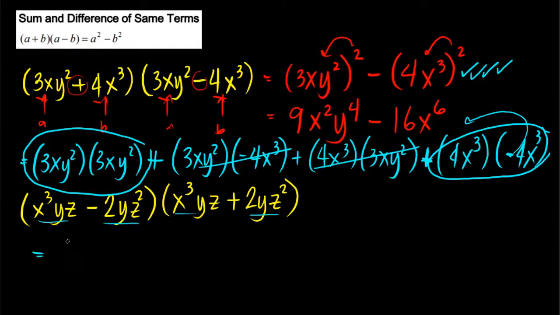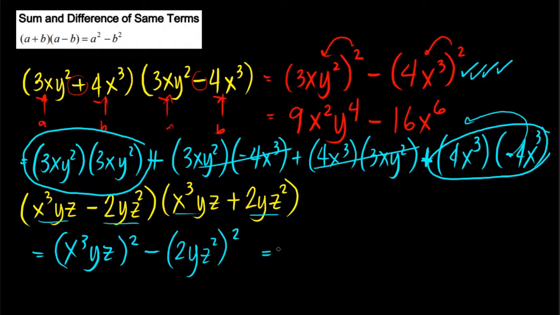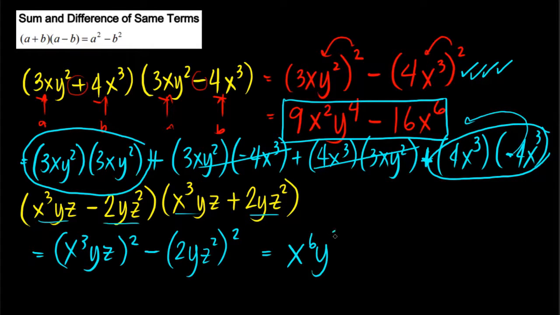Now, this becomes x cubed yz squared minus, our B is 2yz squared. By the way, I will square it because this is the final answer. So, this is x to the 6th y squared z squared minus 4y squared z to the 4th.